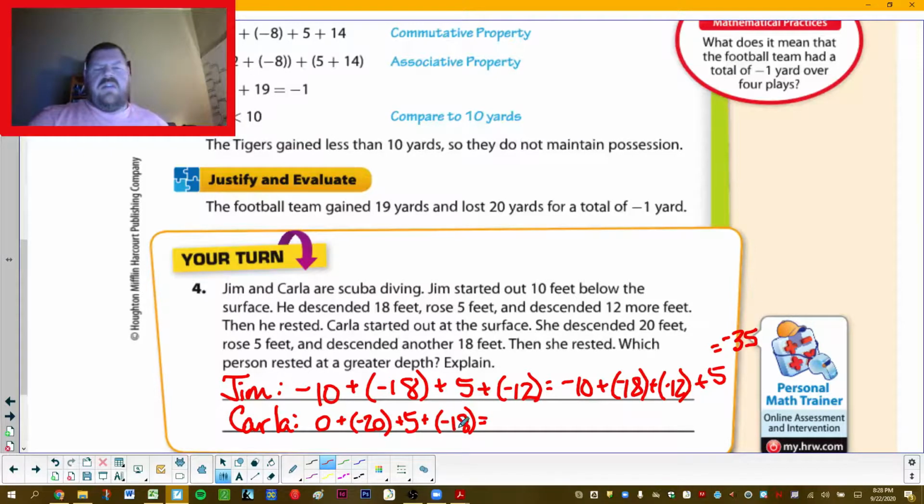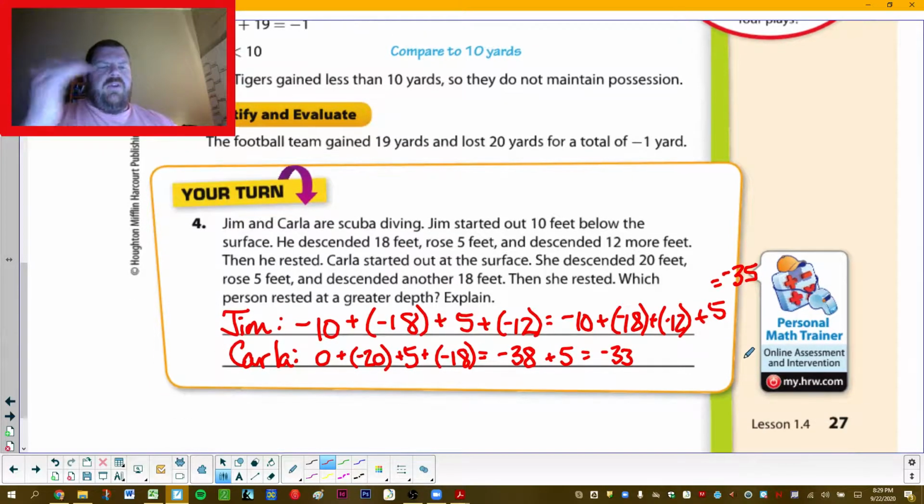So I write this as an addition problem so that I can move these negatives together. Because -20 and -18 is -38. And the plus 0 doesn't really matter. It's just kind of there. So -38 plus 5. Find your favorite way to do that. You should get -33.